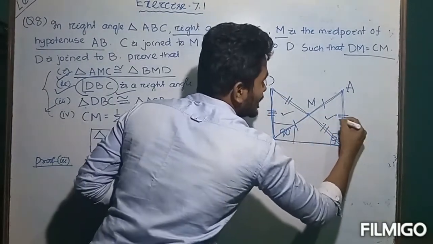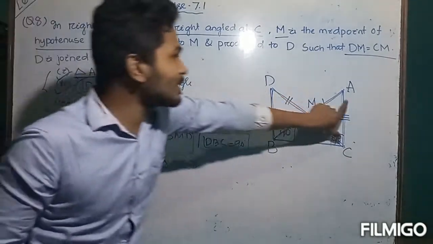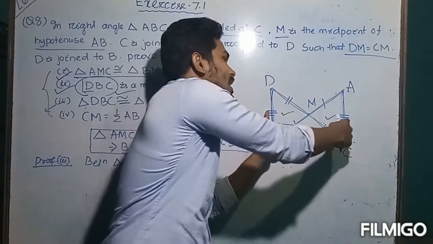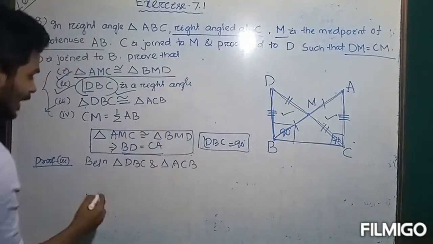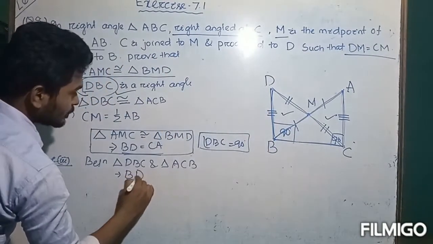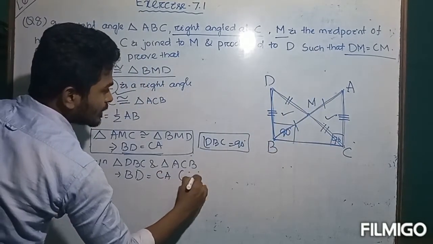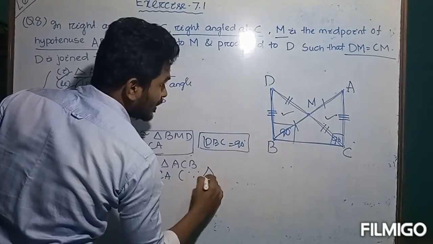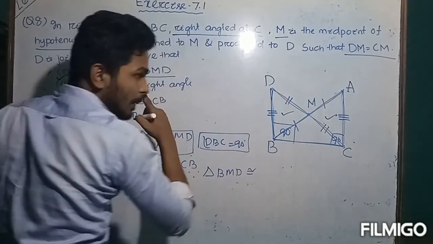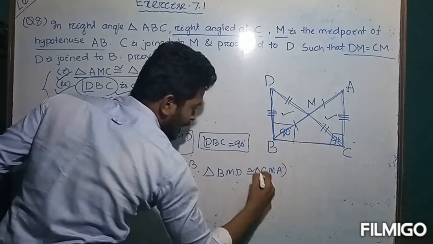Why? Because BD is equal to CA, this distance is equal to this distance, since these two are congruent triangles and these are the corresponding parts. So BD is equal to CA, since triangle BMD is congruent to triangle CMA.